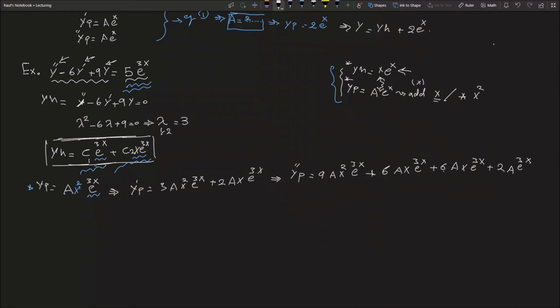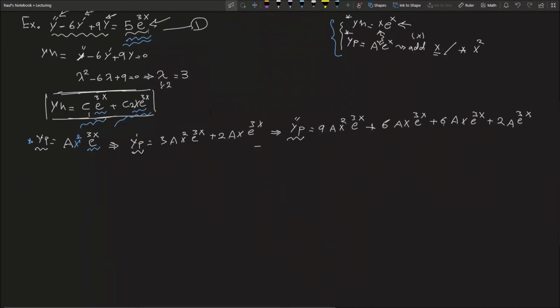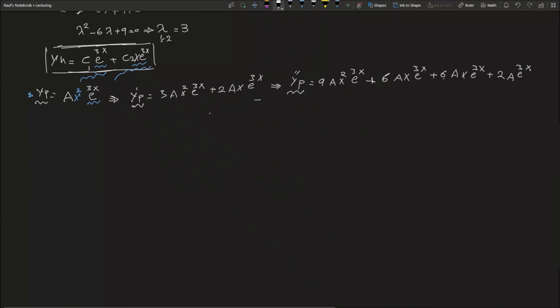Now that's equation number 1. Put these values back on the left hand side of that equation, equalize it with the right hand side, and try to find the value of a. In this case, if you do the math, the value of a will end up being 5 over 2.